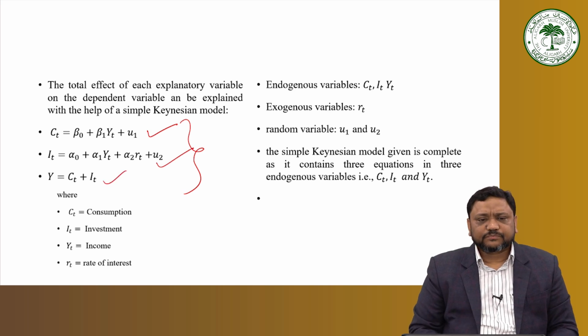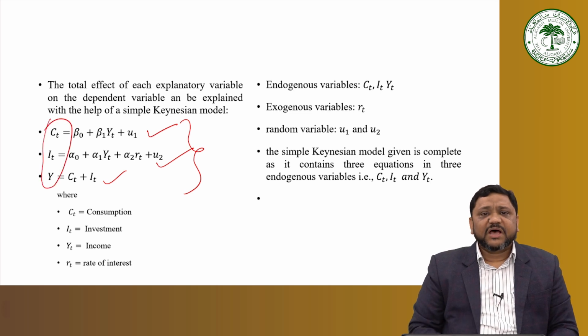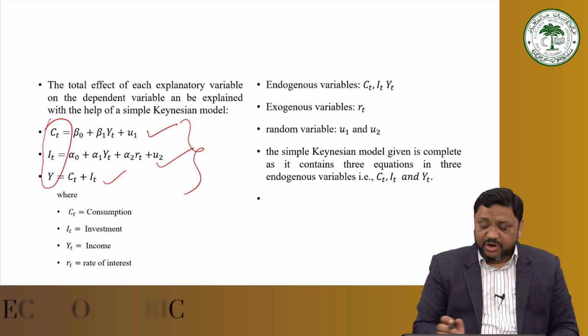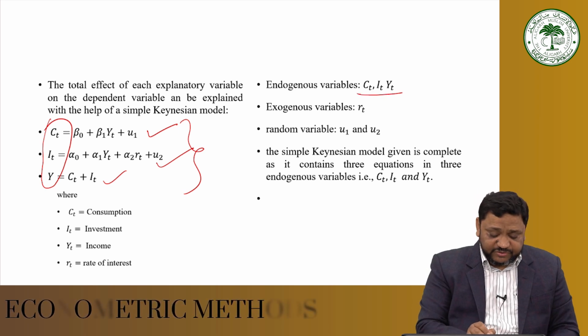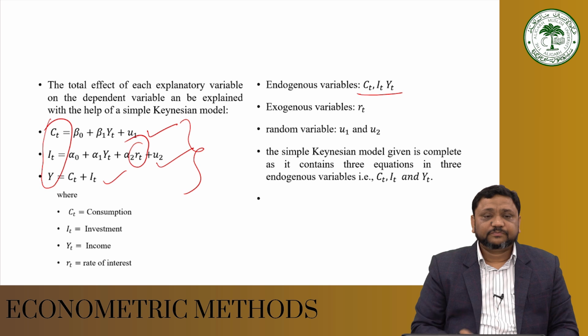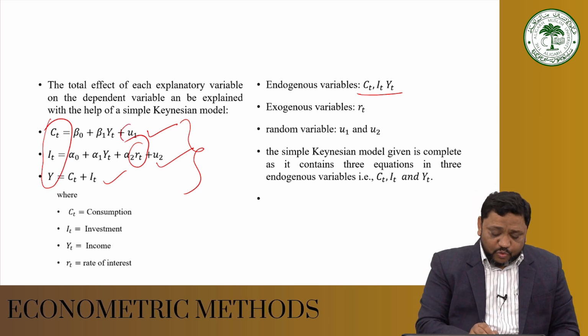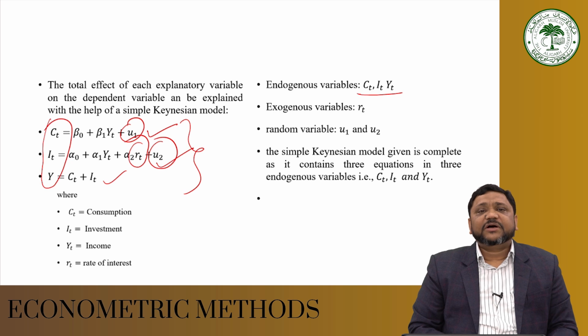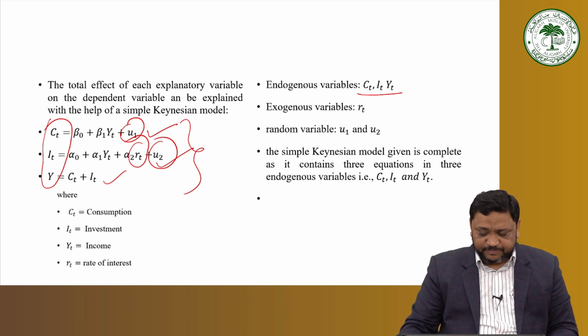Here Ct, it and yt, as they are being determined in the model, we refer to them as endogenous, and the exogenous variable is rt, while ut and vt are the random terms.